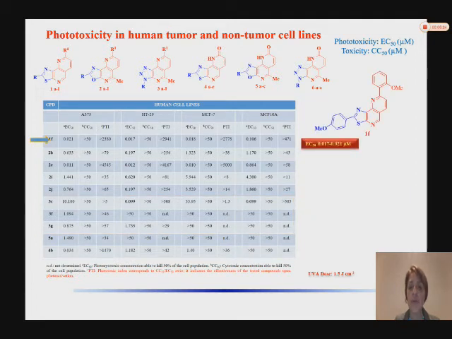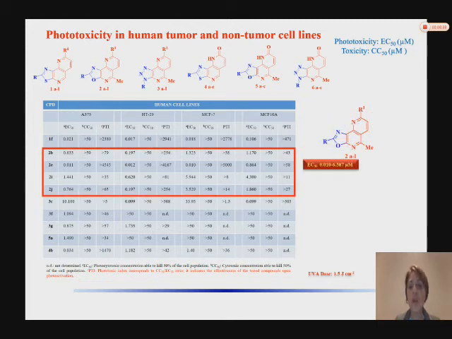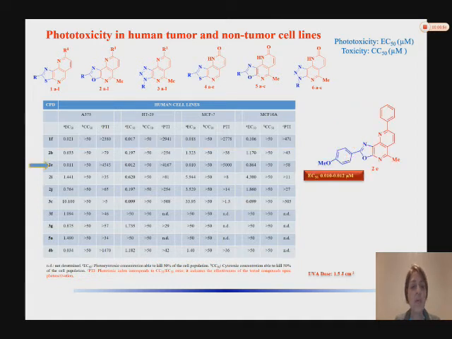Among the thiazole series, compound 1F showed promising properties with EC50 values in the nanomolar range, but the most interesting compounds were oxazolonaphthyridines, which were able to induce UV-dependent cell death with EC50 values from low micromolar to nanomolar level. The most potent compound proved to be derivative 2E with EC50 values between 10 and 12 nanomolar.